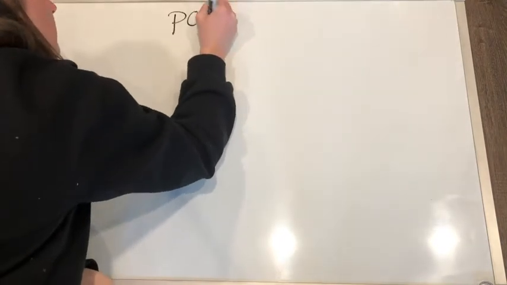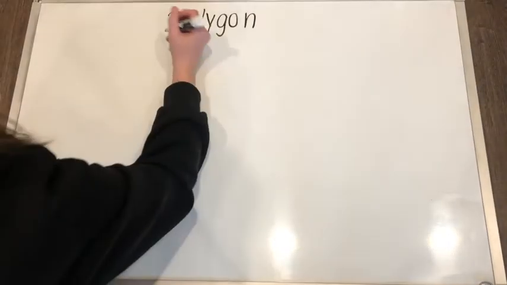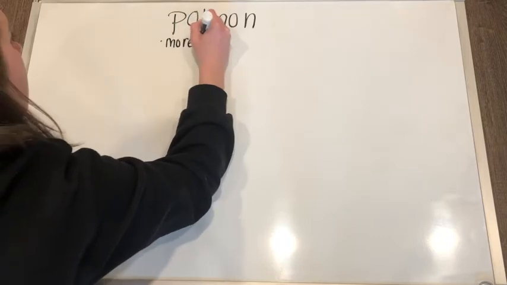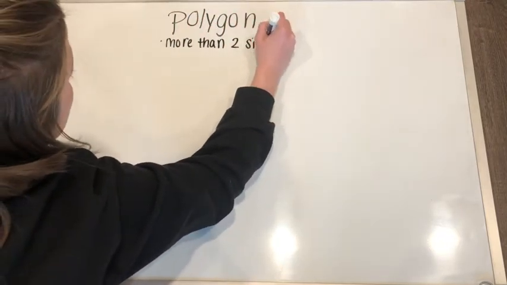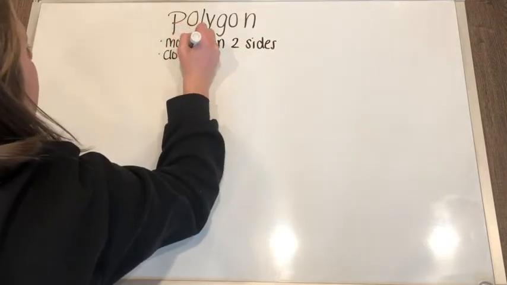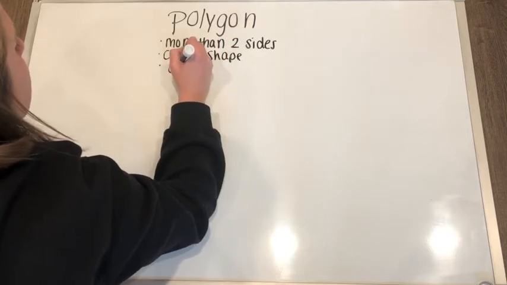Poly means multi, so multiple, right? So a polygon is a multi-sided shape. It's going to have more than two sides, so 3 or more. It is going to be a closed shape, and it's only going to use straight lines.